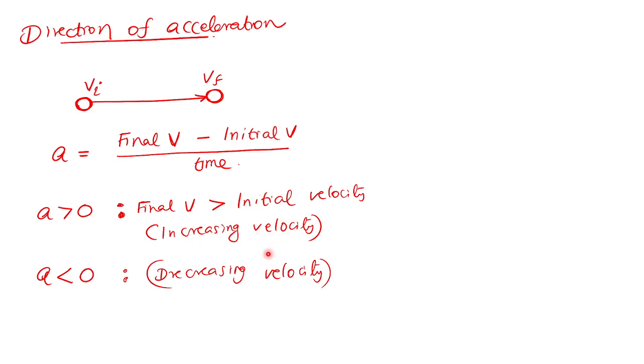If there is increasing velocity, I mean speeding up, a car is moving, the speed or velocity is increasing. In that case, positive acceleration. So by simply looking at the diagram, if the body is moving towards right, that does not mean that acceleration is positive. A body may be moving towards right, but the brake may have been applied. Understood? So the velocity is decreasing in that case.